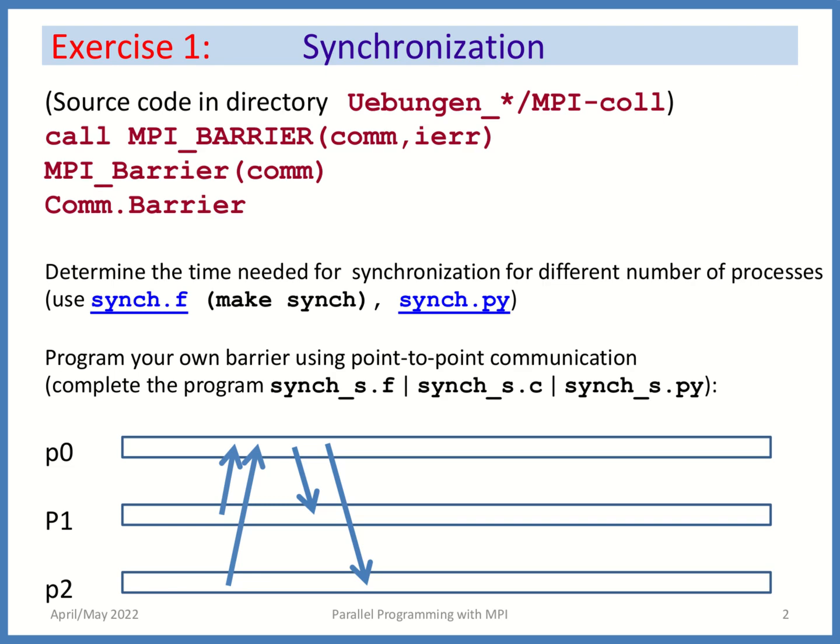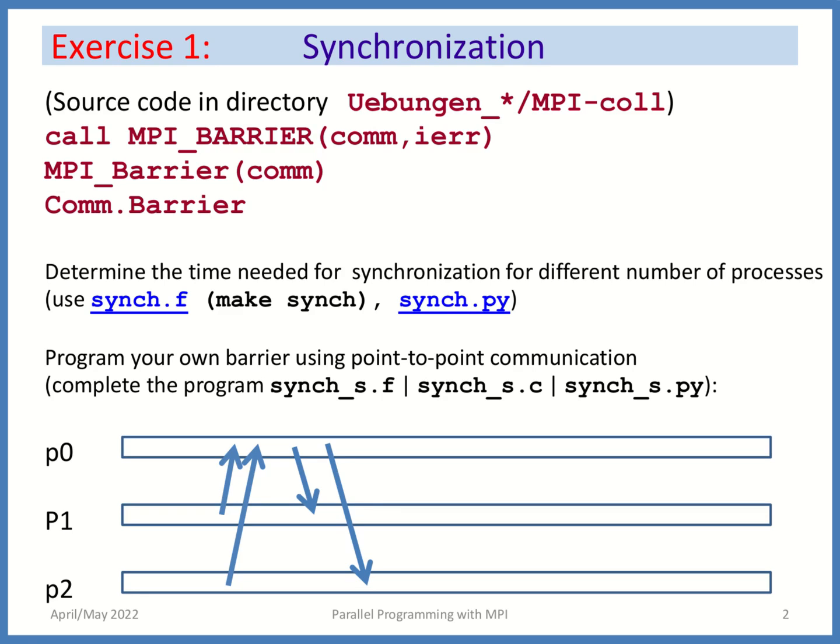And if process 0 has received a message from every other process, it will signal to all other processes that this stage has been reached. And after this, all processes are sure that they are at the same point in the program and they can proceed. I suggest to you to write this simple program, this handmade, self-made barrier.